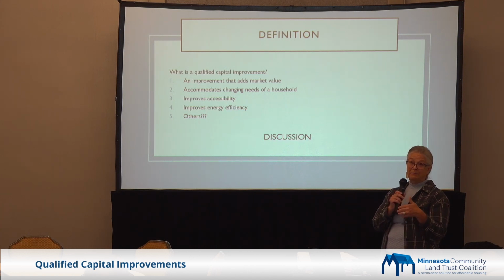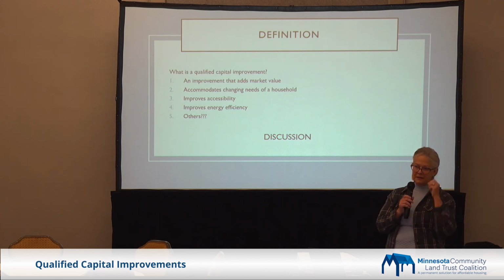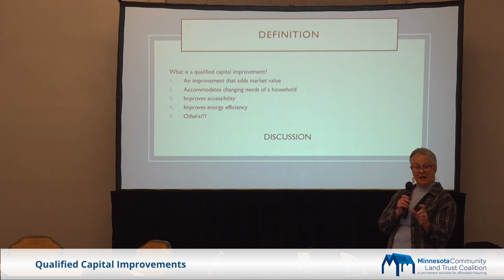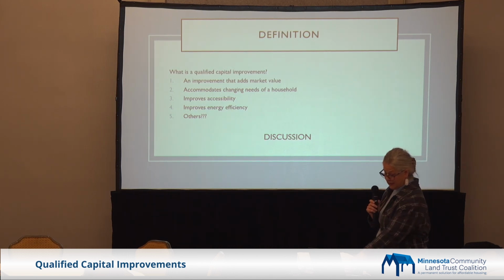Over the past 20 years, there's been little rhyme or reason. Whatever staff was there at the time could say, yeah, that one works, no, that one doesn't. I'm very much a written rules, you follow the rules person, and it makes for less gray, and it makes for treating all of our homeowners the same when you have that clarity. So that's why we're here. That's one of the things there, as we get to the next slide.